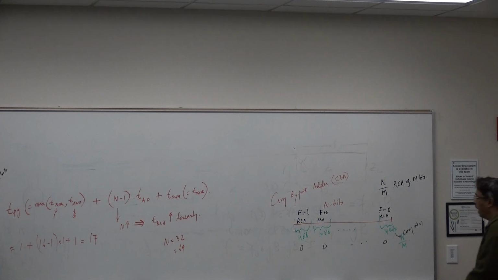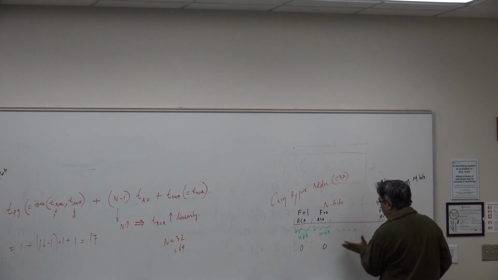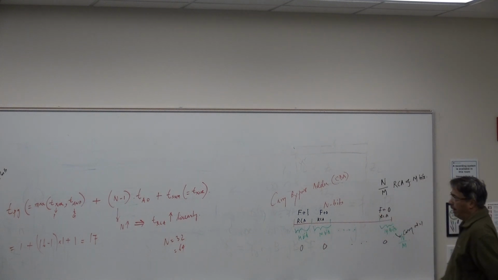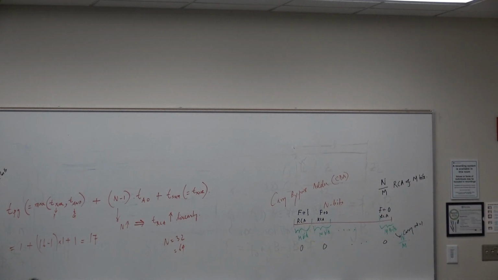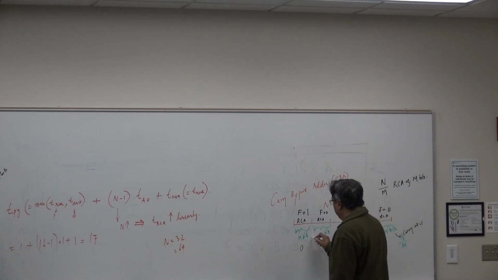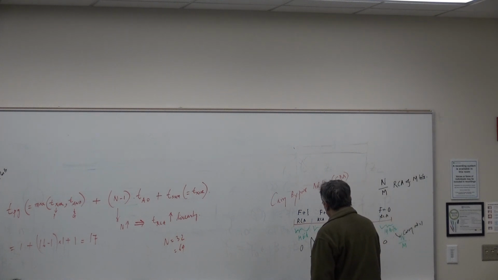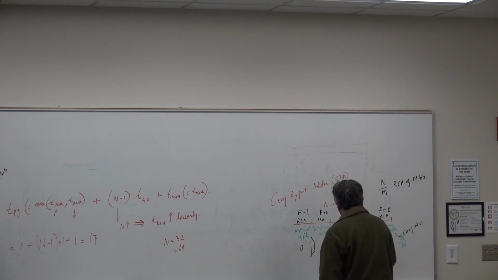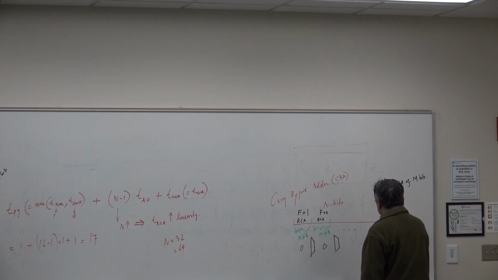I don't want the carry to pass through all of them, because then we'll have the delay like this. I would like to reduce the delay by introducing a multiplexer after each m bits.